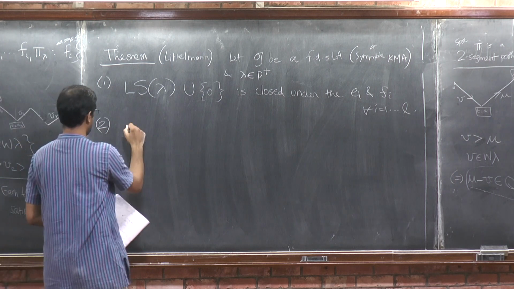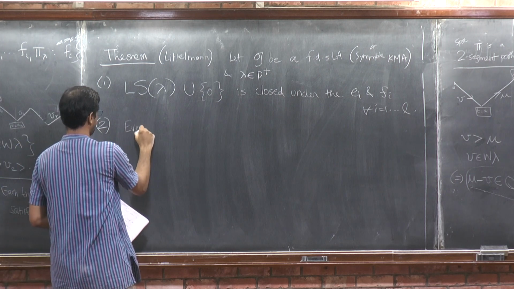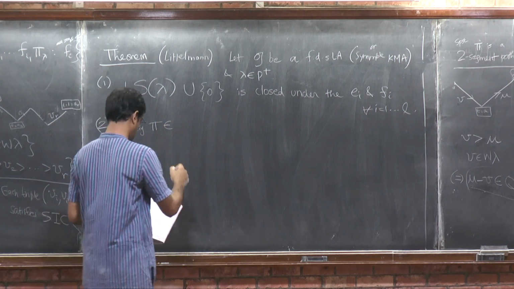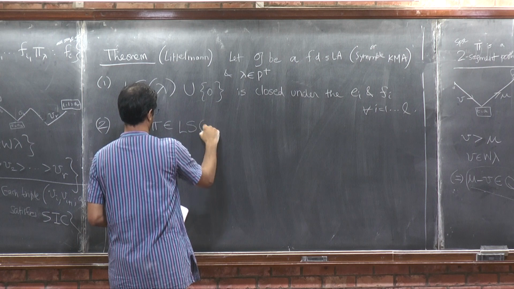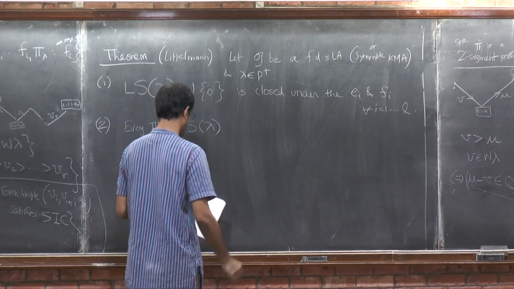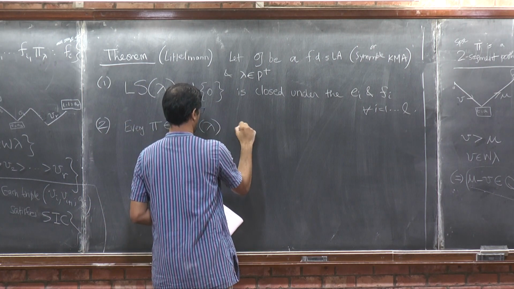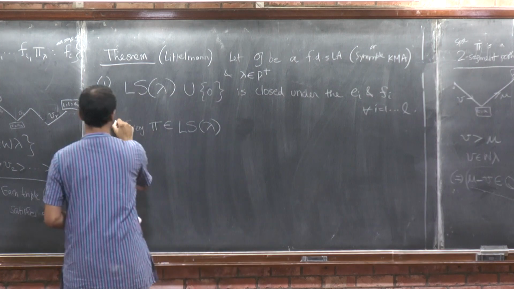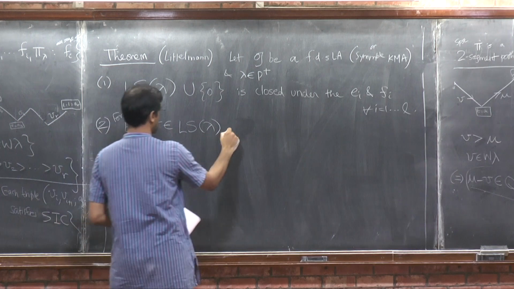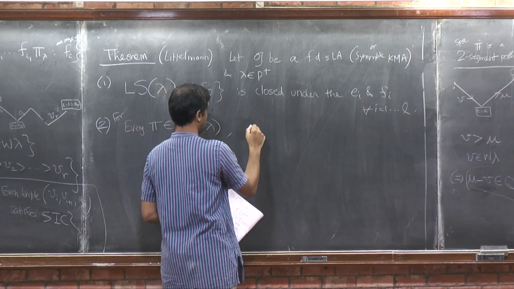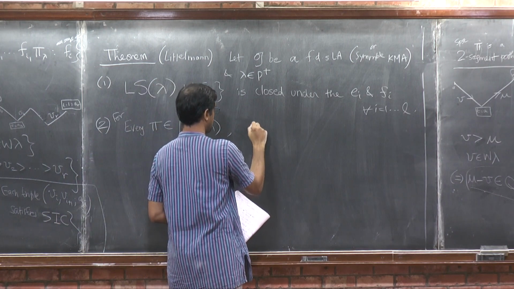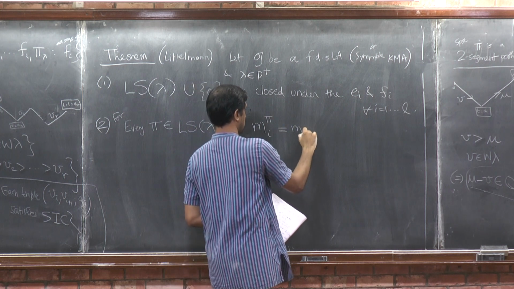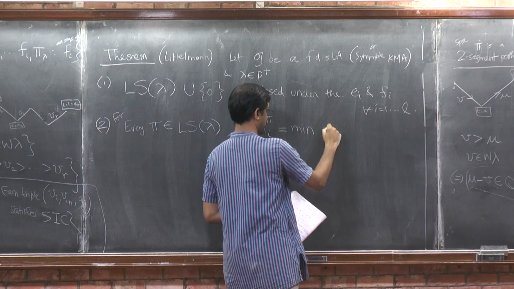Statement 2 says that for every pi in LS lambda, the minimum value, if you remember m_i of pi, which I had defined as the minimum value that this h function takes.